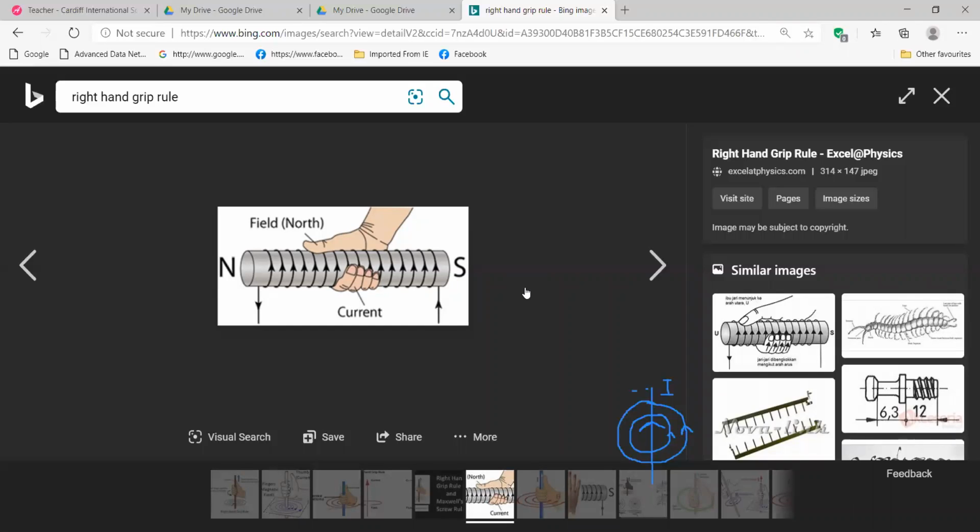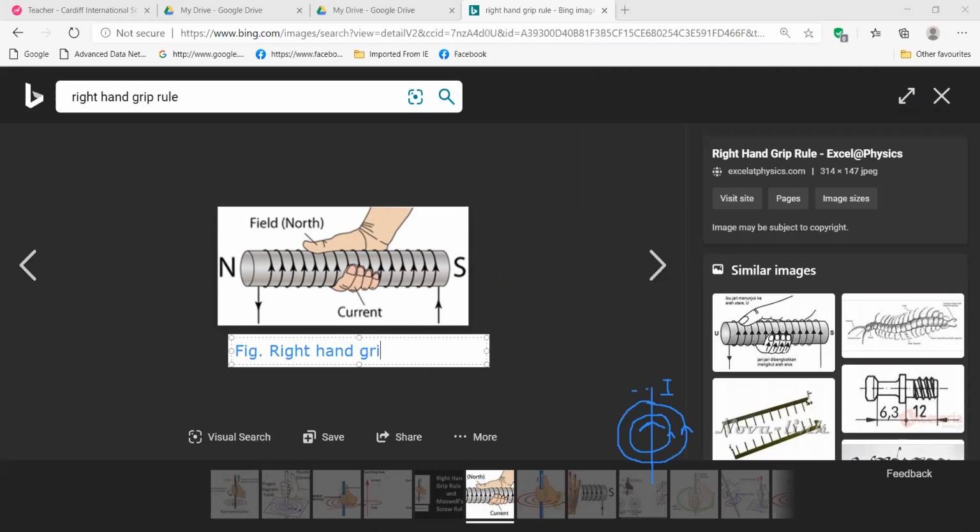So you draw this diagram, then you write the caption: right hand grip rule application for solenoid.